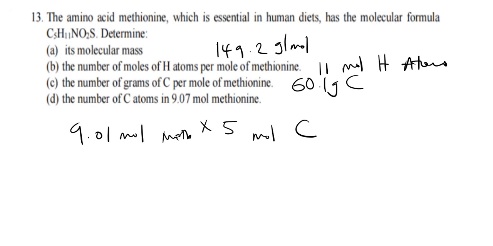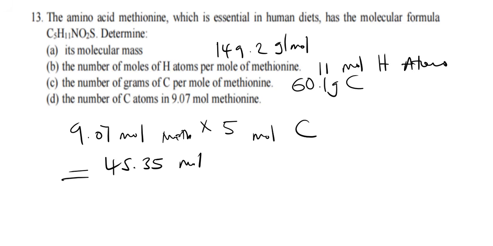So 9.07 multiplied by 5, we're going to have 45.35 moles of carbon.